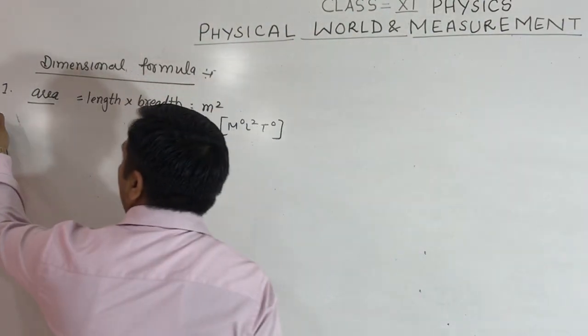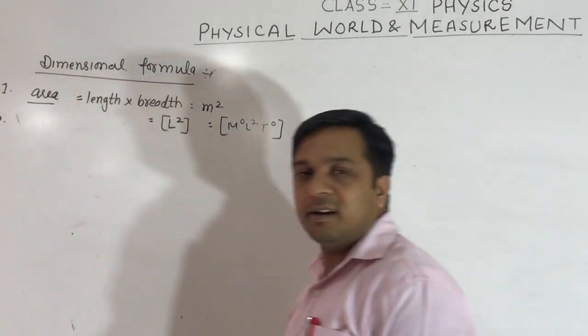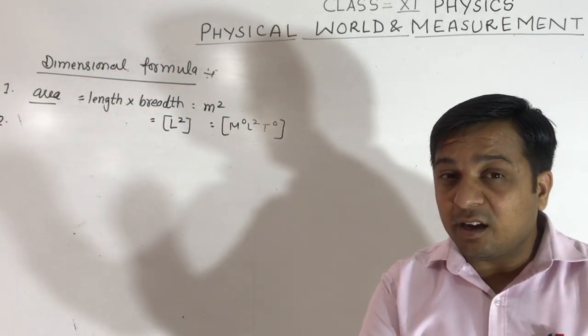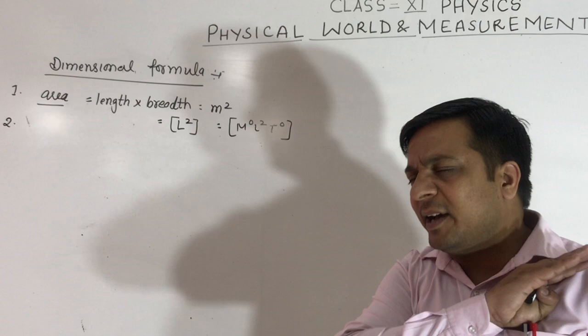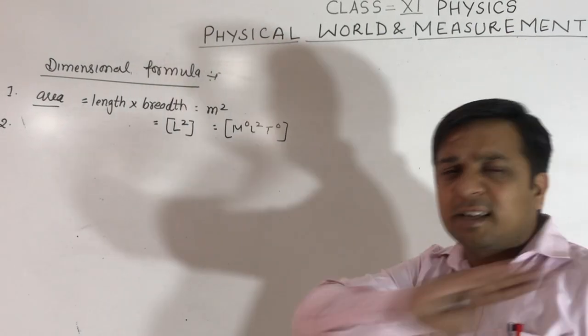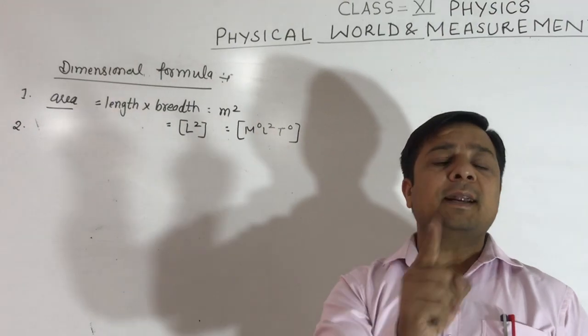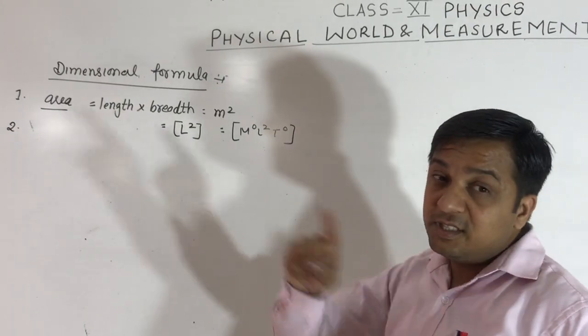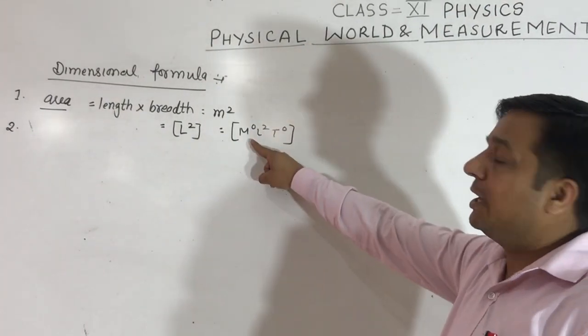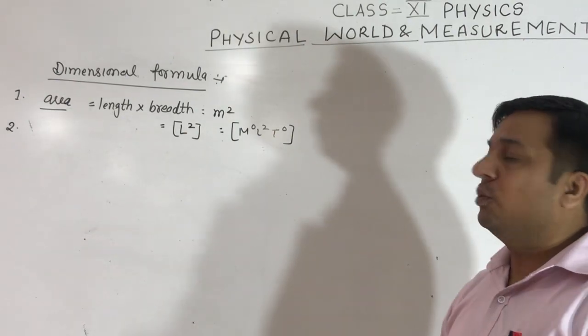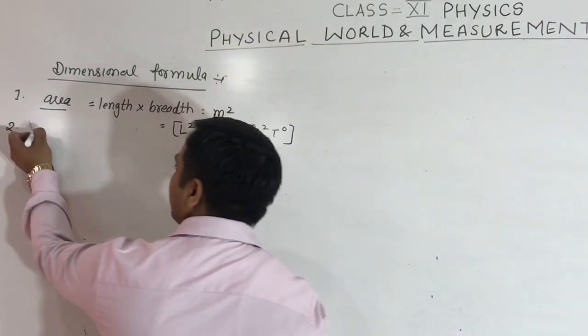Next, volume. And always remember, area, whether it is a rectangle, a square or a circle, the dimensional formula of each and every area is L square, M0 L2 T0. Next one, volume.